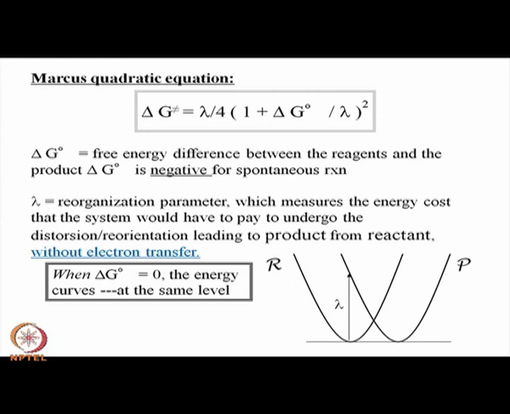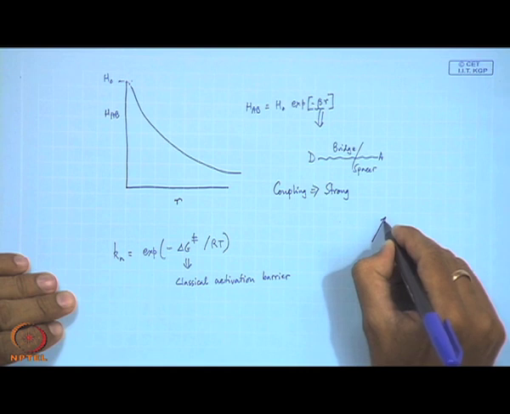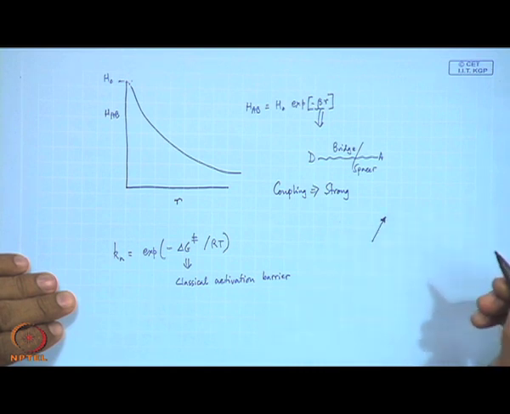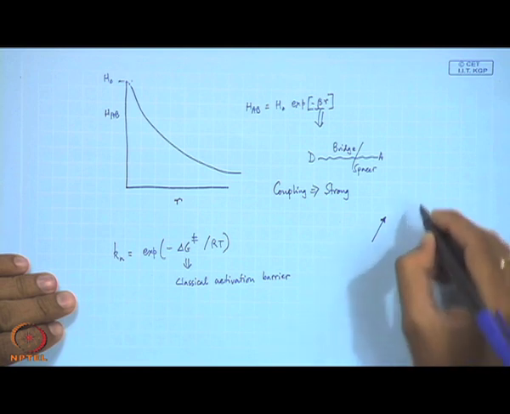Now, what is this reorganization parameter? It is basically a measure of the energy cost that the system would have to pay to undergo the distortion or reorientation leading to the product from the reactant, when there is no electron transfer. Okay. Basically, what reorganization means: suppose you have a transient dipole which is created in some solvent, maybe in water, in a polar solvent.